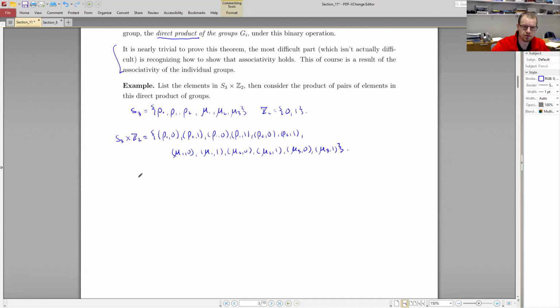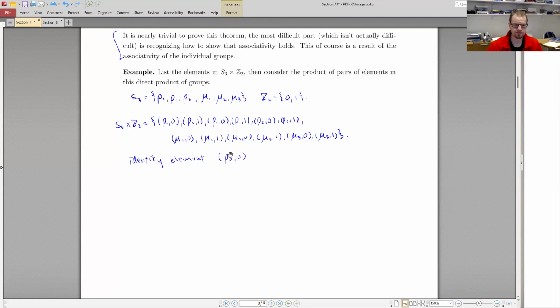Now I might want to observe that the identity element is just the element that contains the identity of both of these groups. So rho 0 0 would be the identity in this case.